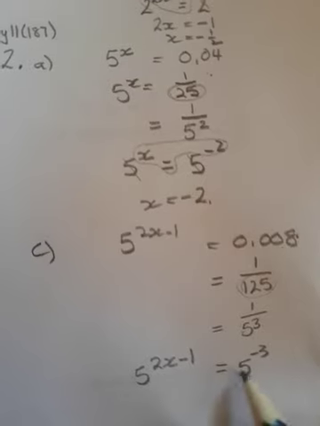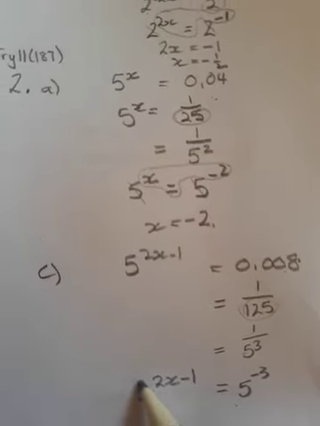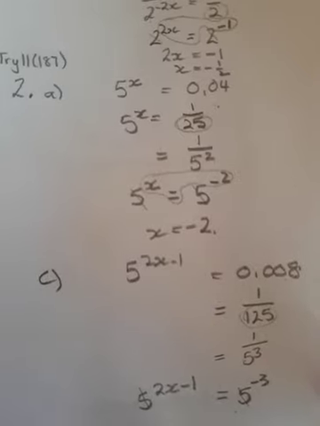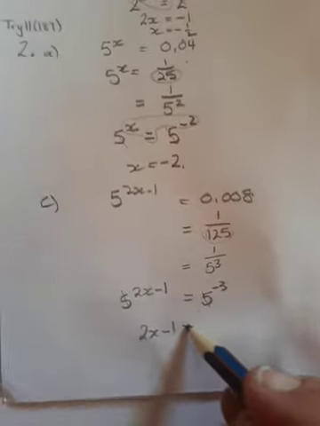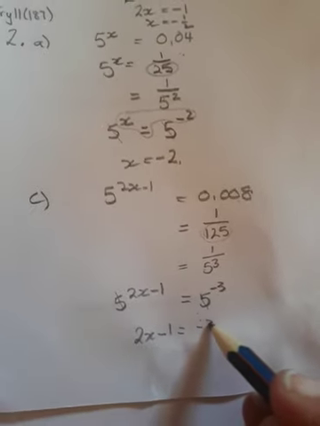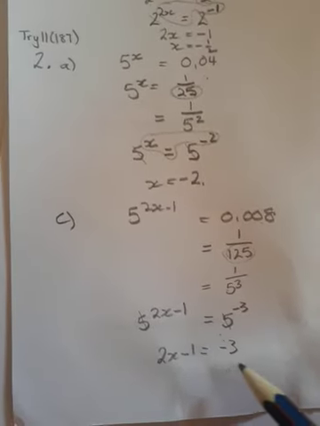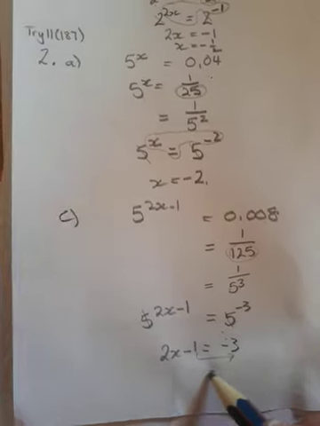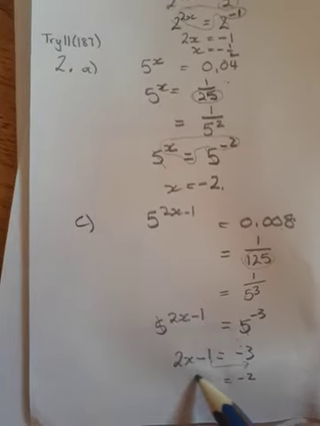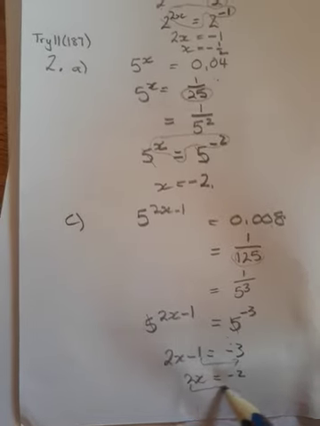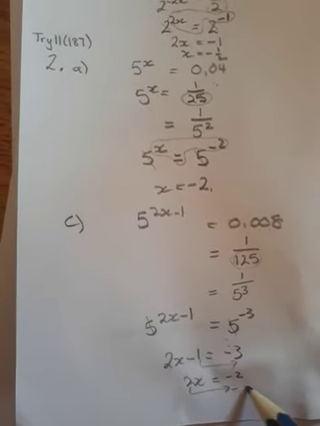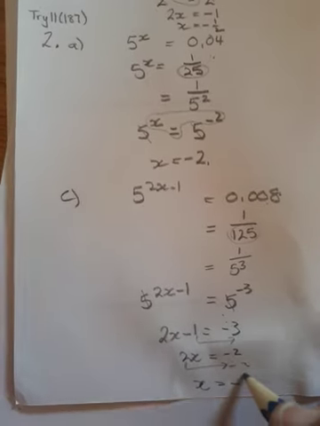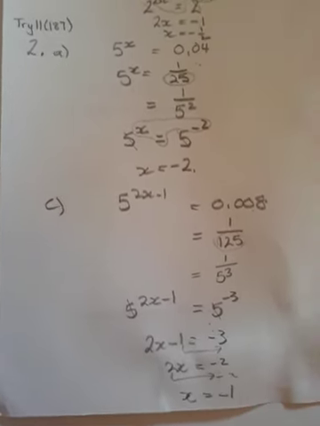Right, now is your base again the same, so basically you can ignore this, and then you make 2x minus 1 equals -3, and then we do Gauss, okay. First bring the -1 over, so that becomes -2, and then divide by 2, so x becomes -1. Okay, I hope it helps you.